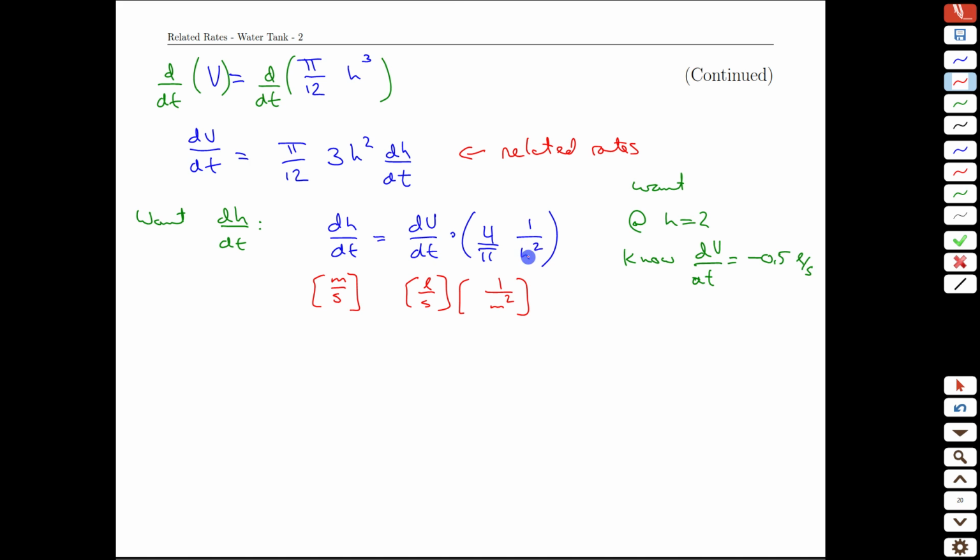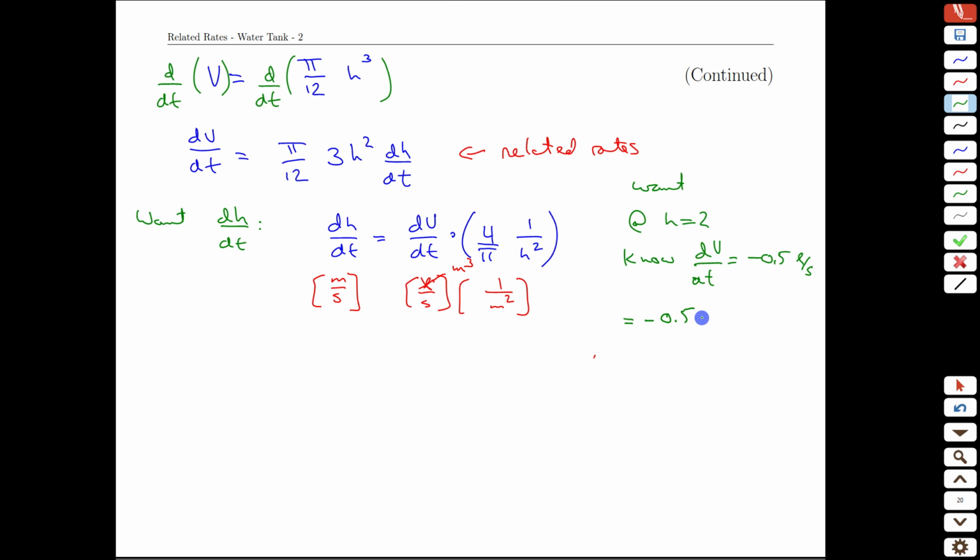This is just a constant, but the h squared is in meters squared. And if you multiply those units out, you do not get meters per second anymore. So how will we fix that? We need to have the volume turned into meters cubed. If we had volume in meters cubed, then all of these will cancel out and we will get meters per second back. Well, if we need that, we just have to remember how to convert.